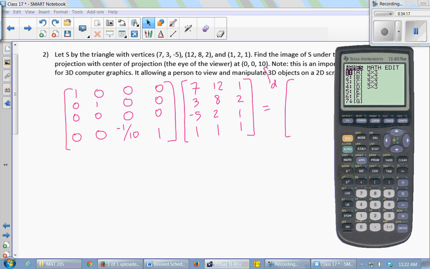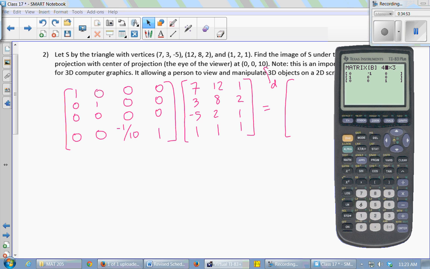All right, so we go matrix, edit, 4 by 4. Negative 0.1, 1. There's my matrix A, and my matrix B will be my data matrix.